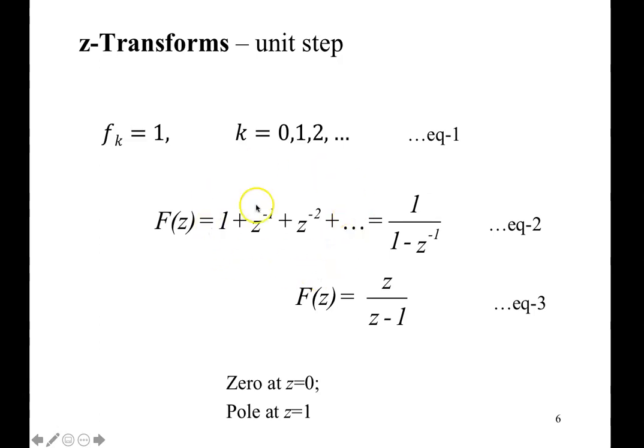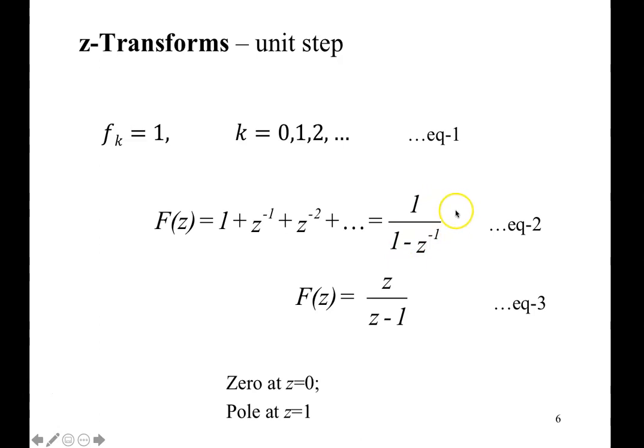Now mathematically we can prove that if this series converges, then it will equal this. It's a bit of math, but we don't need to worry too much about that. It's 1 over 1 minus z to the power of minus 1. Now, to find the zero and the poles, I can do a little bit of reformatting.